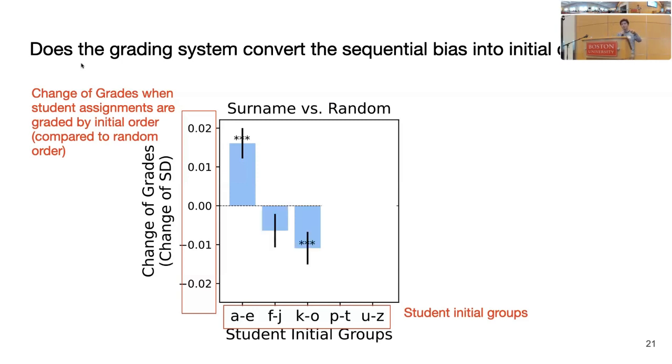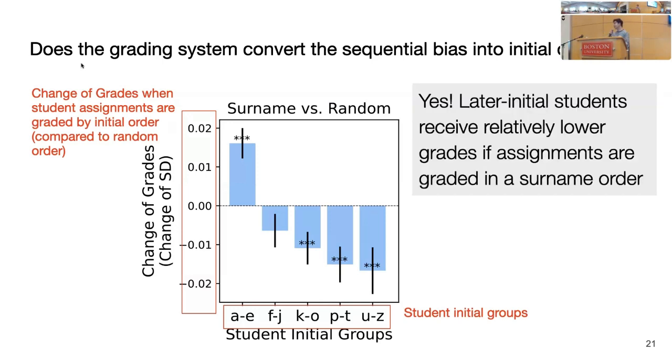But for middle initial students, we see there's not a very significant result, especially for students in F to G, because their average grading order does not change a lot between grading modes. But for later initial students, like students in P to T and U to Z, since their average grading order is way later in the surname grading order groups, they're receiving way worse scores compared with the random grading setting.